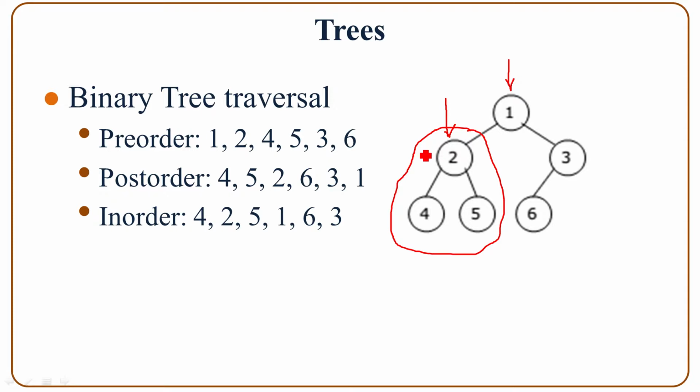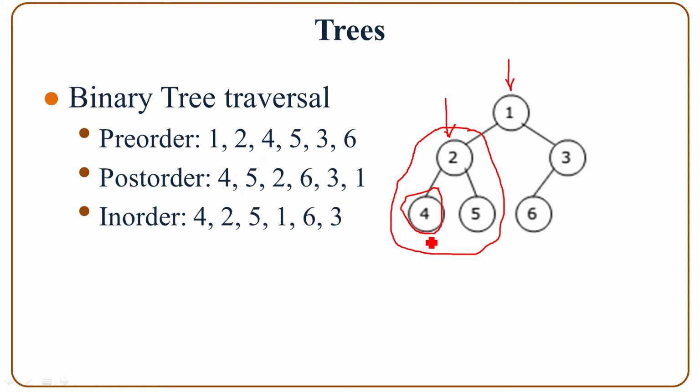We check the root of that subtree, which is node 2, and continue traversing using postorder traversal. In this subtree, we have to visit the subtree on the left, which is actually node 4. So node 4 is then the first node that we visit.